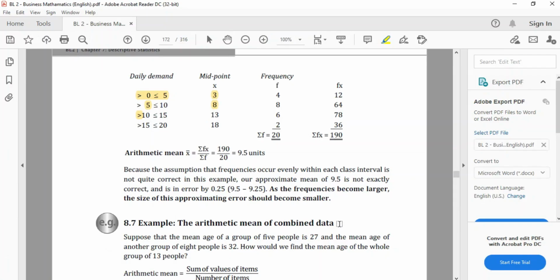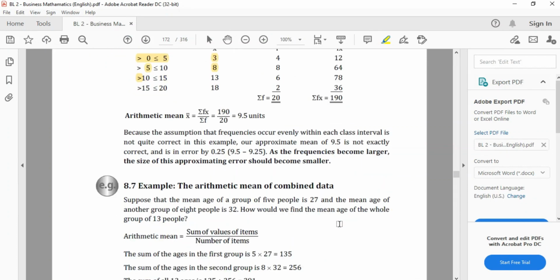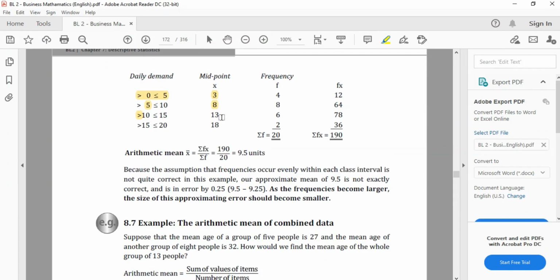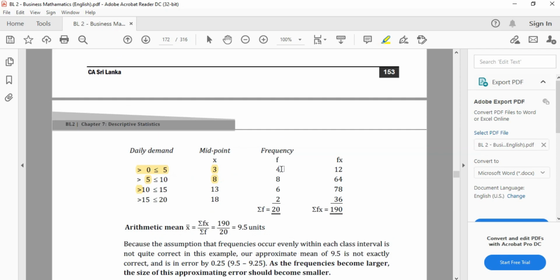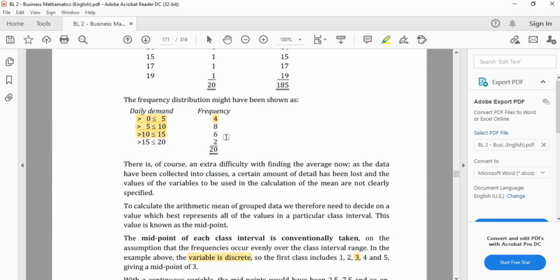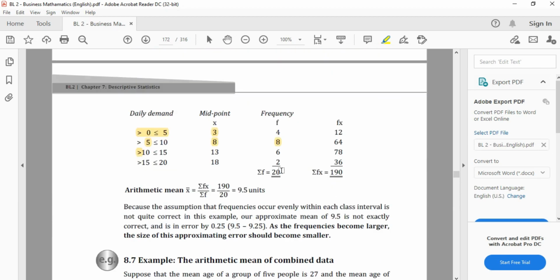Yeah, so basically likewise, now in this case it is not 13.5 because it starts from 11, so it's 30. And then the frequency as given in the question itself, 4, 8, 6, 2, same thing what is given, they have put it here and taken the total 20.